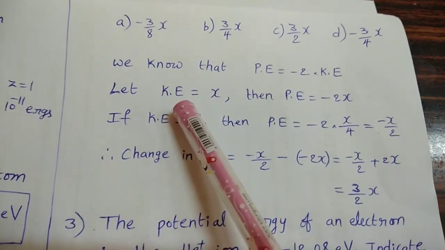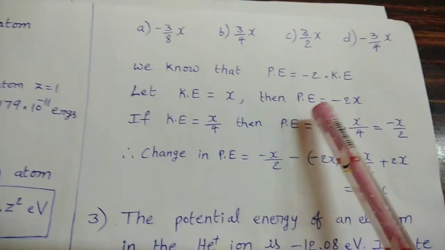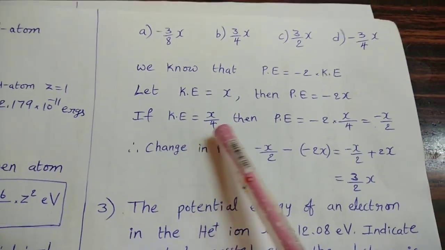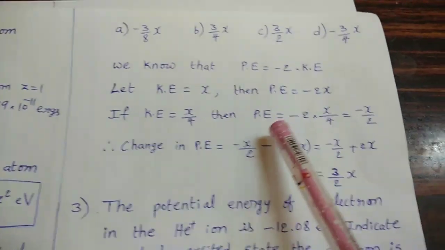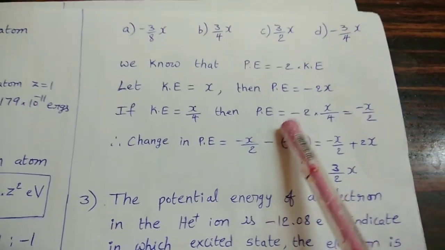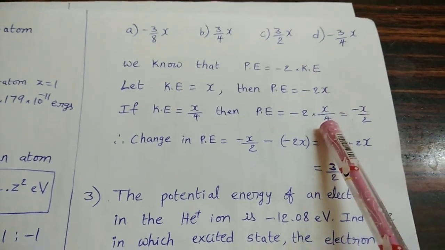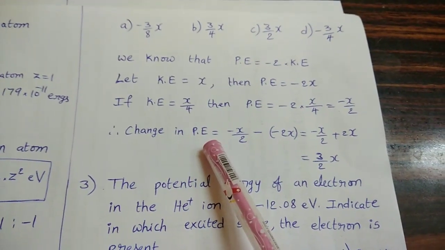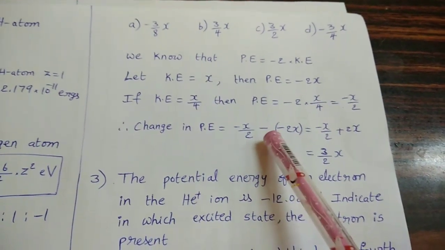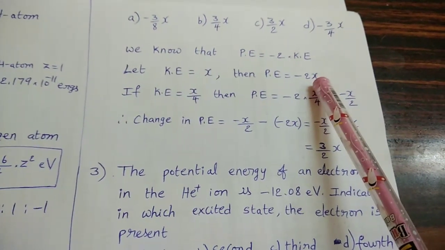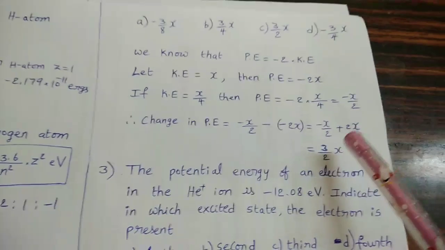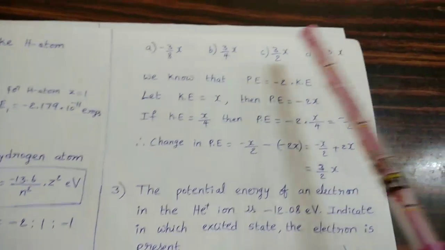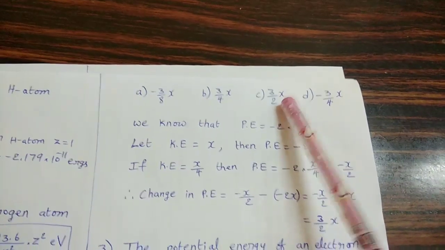Let KE, kinetic energy, equal to x, then potential energy becomes minus 2x. If kinetic energy becomes x by 4, then potential energy equal to minus 2 into x by 4, that is minus x by 2. Now change in potential energy, final value minus x by 2 minus of initial potential energy minus 2x, then we can get 3 by 2 x. So what is the option? Option C is the answer.